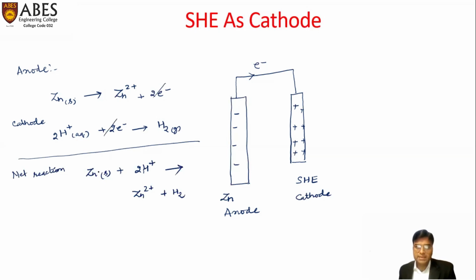So we can see zinc is undergoing oxidation, so it works as anode, and H+ ions are reduced to hydrogen gas, so it works as cathode.